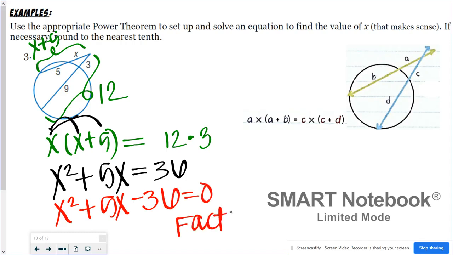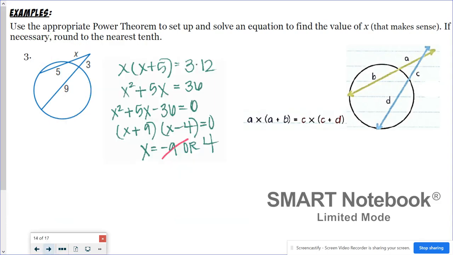This one should be a nice easy one to factor because it's just x squared. And so naturally, I've already done all that. So the factored form is the quantity x plus 9 times the quantity x minus 4. Algebraically, there are two solutions of negative 9 and 4, but the negative 9 doesn't make sense. 4 does.